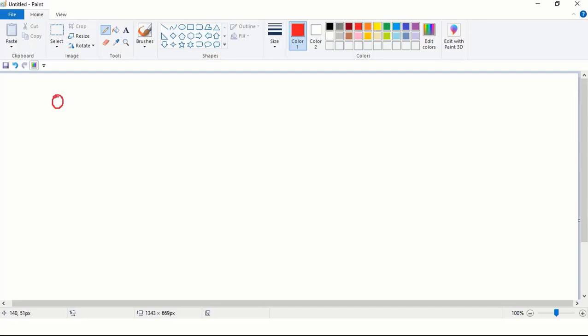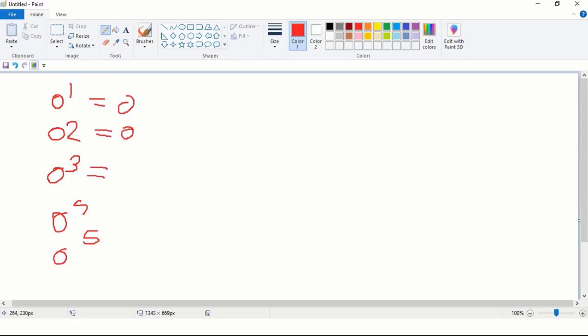0 to the power 1, 0 to the power 2, 0 to the power 3, 0 to the power 4 and 0 to the power 5. Let's solve it. 0 power 1 is 0, 0 power 2 is 0, 0 power 3 answer will be 0, 0 power 4 answer will be 0, 0 power 5 answer will be 0.